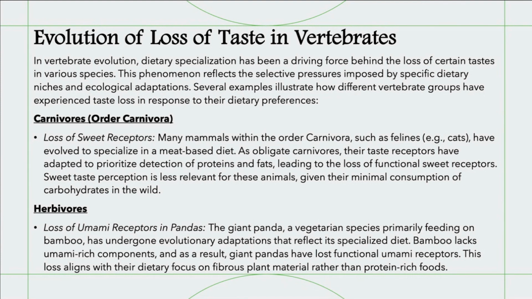The herbivores, which are strictly eating plants, would lose the umami receptors. Specifically pandas. Pandas don't have that umami receptor. They're constantly eating their bamboo trees, and the bamboo itself doesn't have umami-rich components. Because of this, pandas don't have that umami receptor.